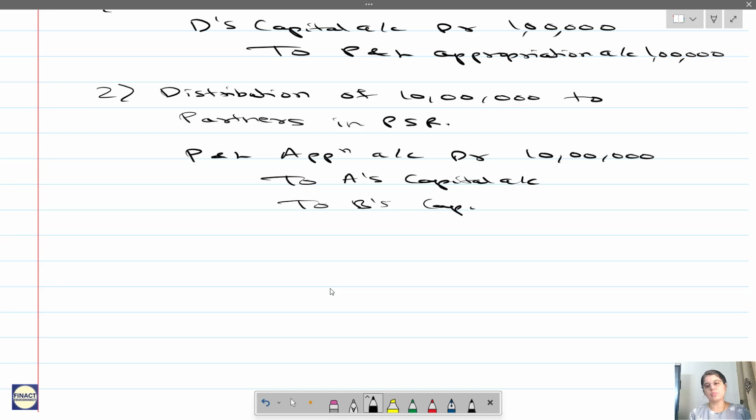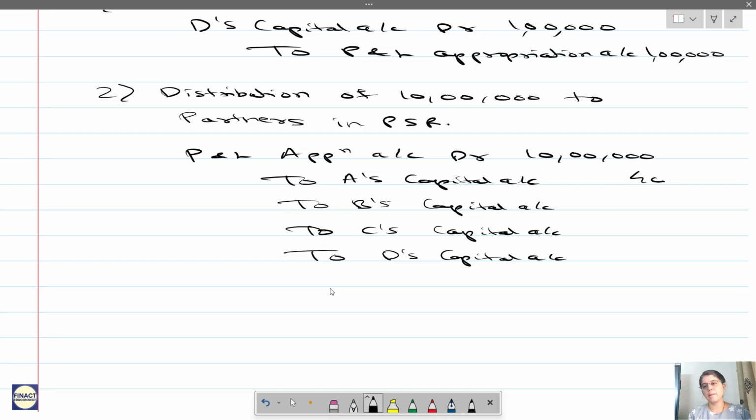So 4 lakh, 3 lakh, 2 lakh and 1 lakh. That will be the second entry.